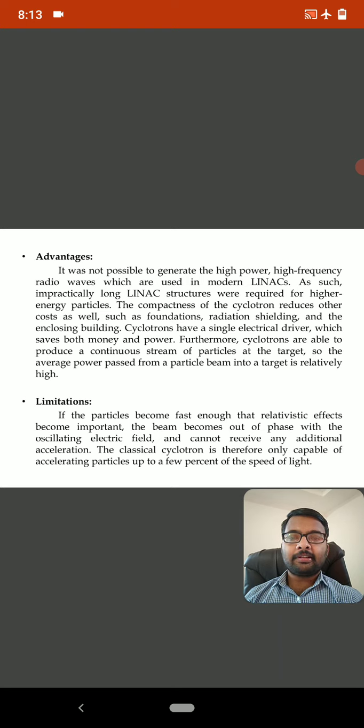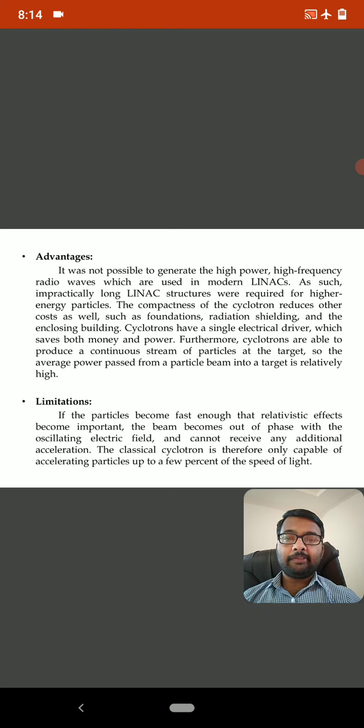But as we have discussed earlier, this cyclotron accelerator can accelerate the charged particles only to a few percent of the velocity of light. So that is one of the limitations. The limitation of this cyclotron accelerator is: if the particle becomes fast enough that relativistic effects become important, the beam becomes out of phase with the oscillating electric field and cannot receive any additional acceleration.